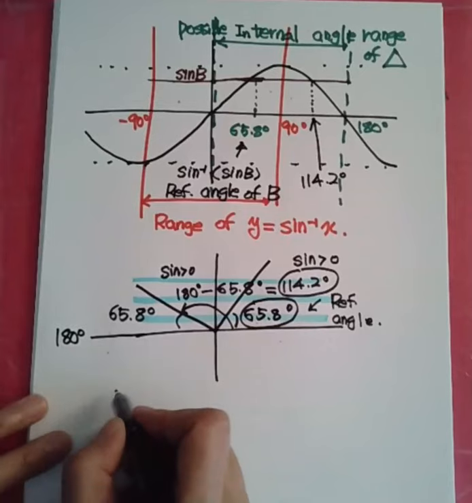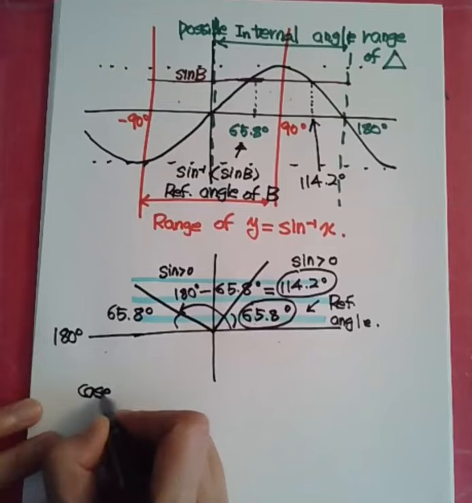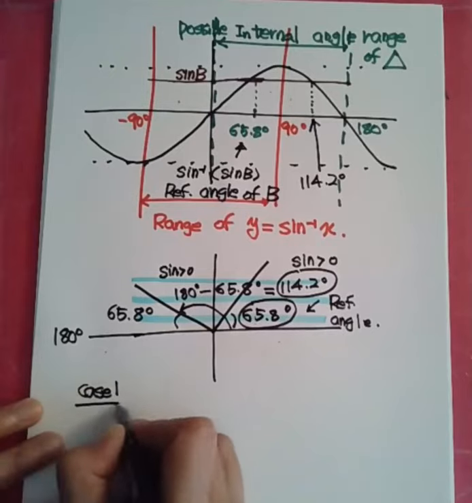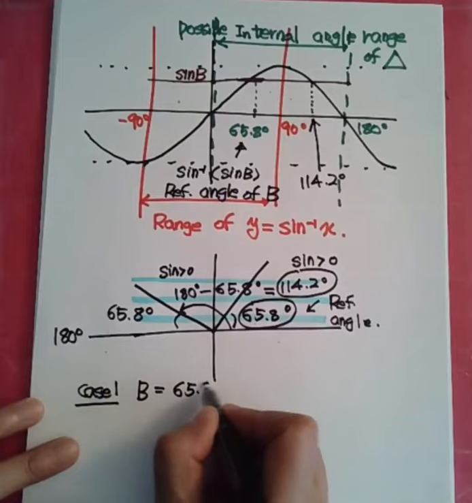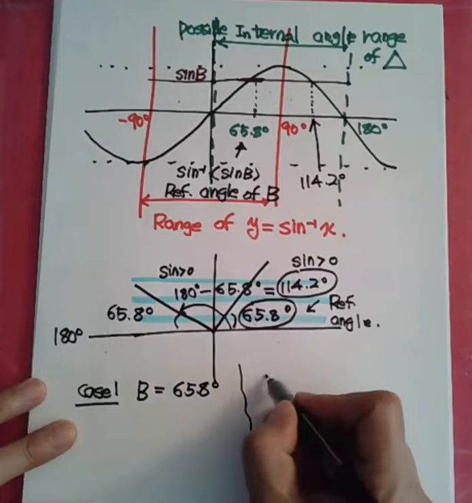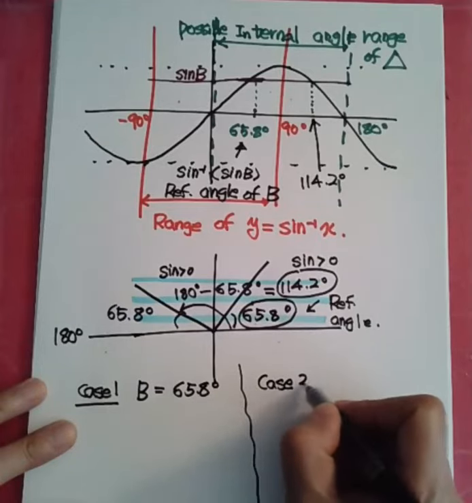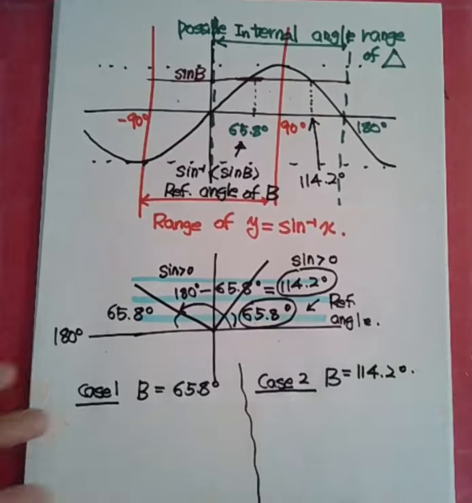There are two cases. Case 1 is angle B is 65.8 degrees, and case 2, angle B equals 114.2 degrees. So the missing angle in this problem is angle C.